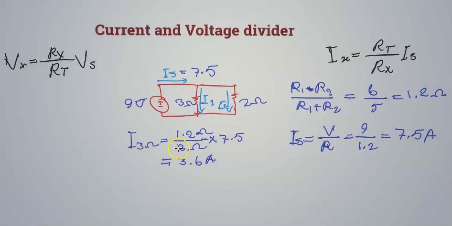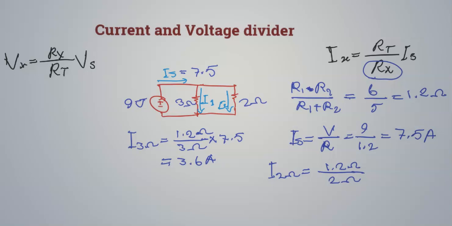The only difference is here you need to change the resistance of that branch, which is I for 2 ohm equals 1.2 ohm, and this is a 2 ohm equals, oh, I'm sorry for my mistake.